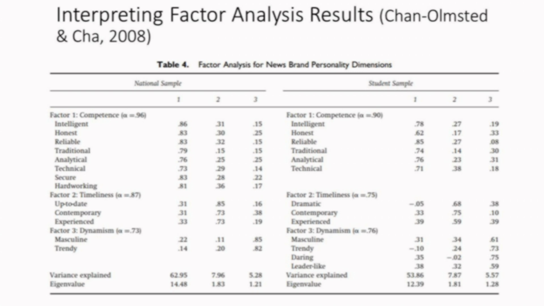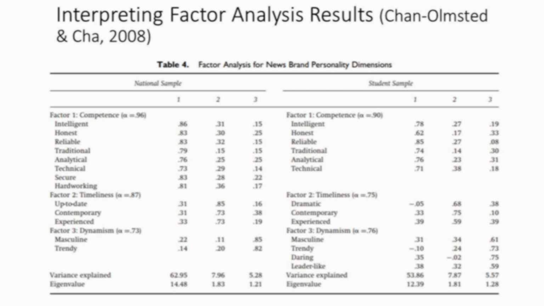Fine. So here you can see with the factor analysis, you can see the Cronbach's alpha scores are next to each factor. You can see that alpha A, for instance, for the first one to the left-hand side, competence is 0.96 in a national sample. In a student sample to the right-hand side of the page, you can see that it is 0.90. Underneath each factor are the brand personality traits that loaded.